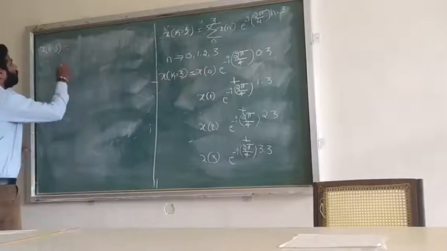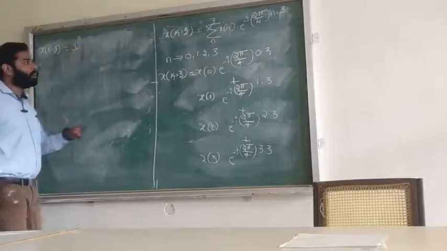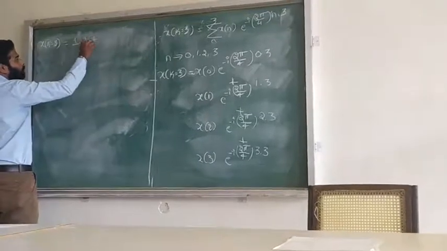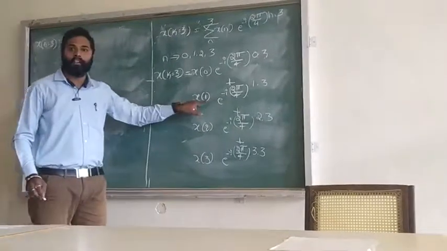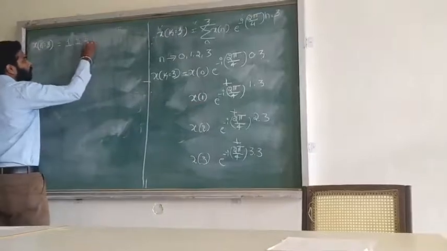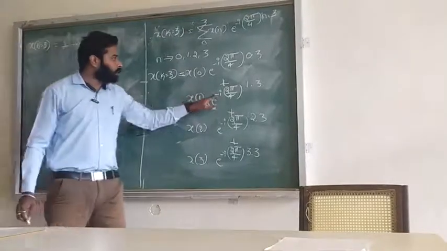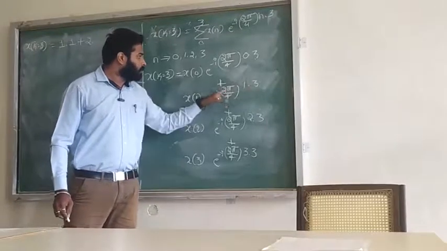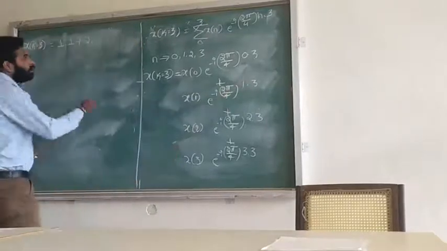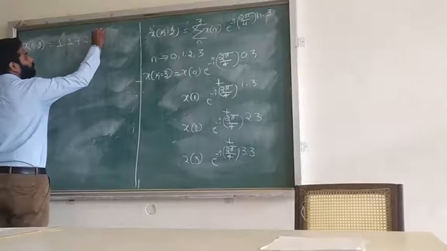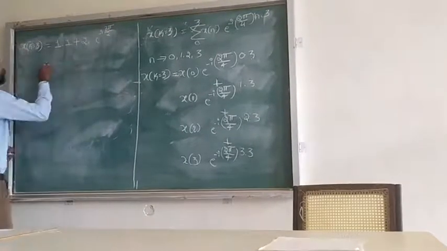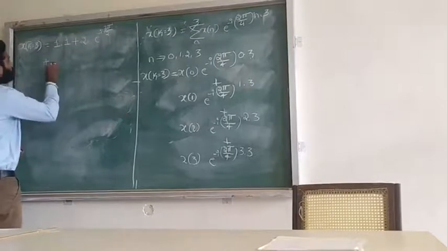X of 0 is 1. So 1 into e raised to 0, again 1. 1 into 1 plus x of 1. X of 1 is 2. E raised to 2 pi by 4 into 3, again it is 3 pi by 2, right? E raised to minus i 3 pi divided by 2 plus x of 2 is 3.